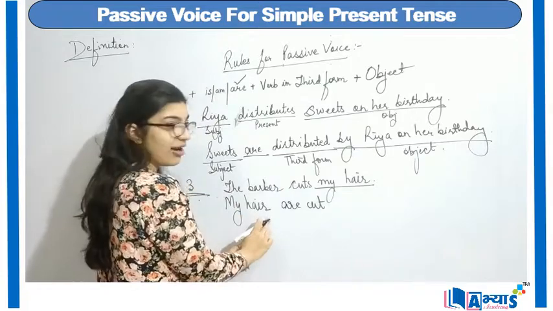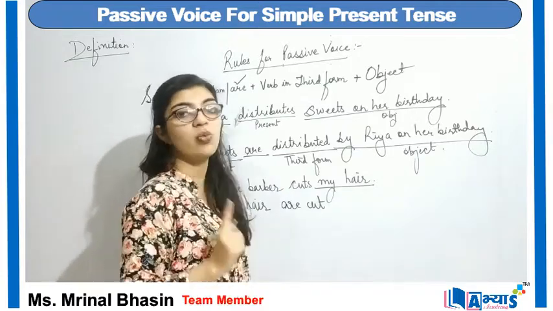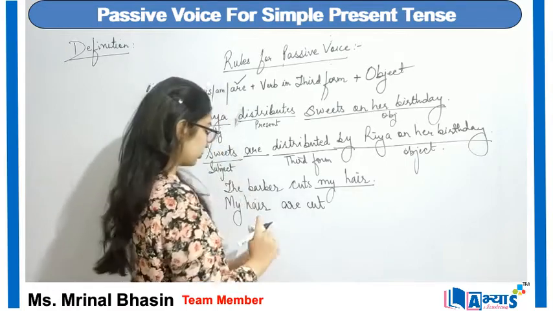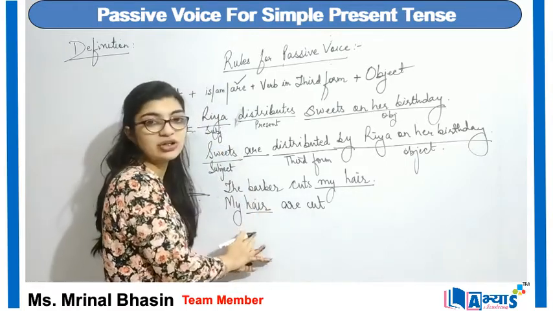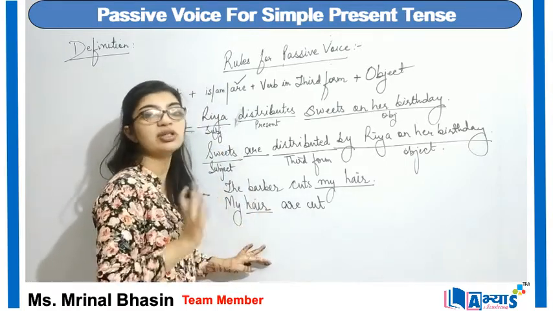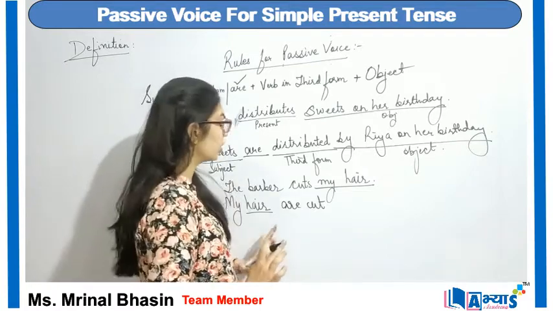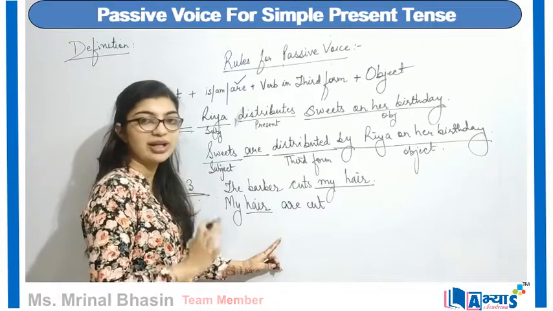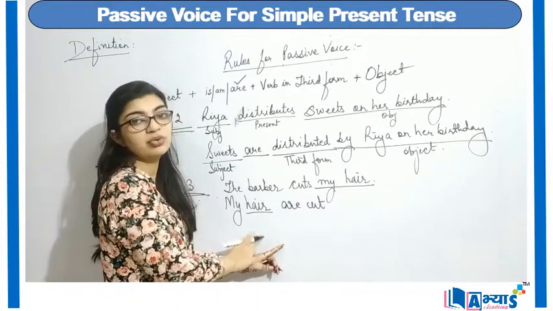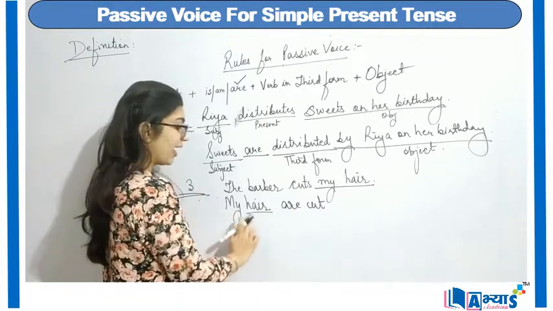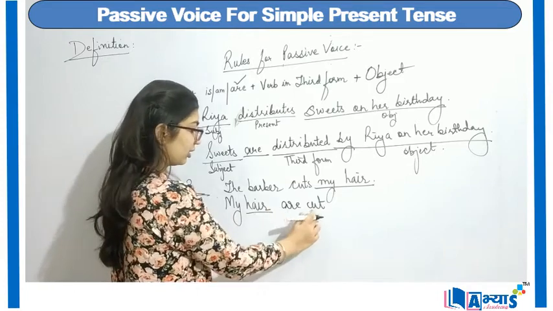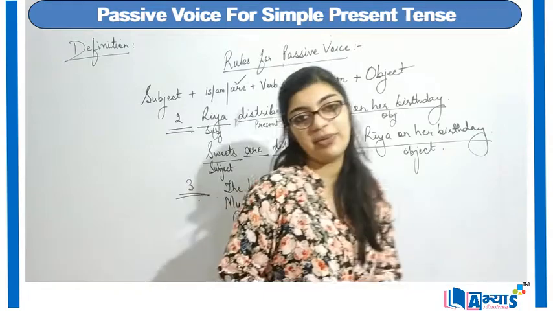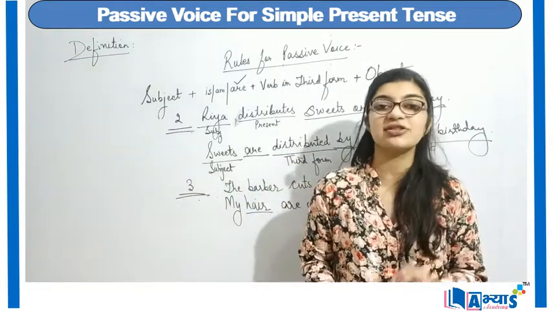Therefore, my hair, there is no word like hairs. A singular noun for hair is also hair. Hair in plural is also hair. We do not use s after hair to make it plural. Singular is also hair, plural is also hair. So my hair are cut. Here again, cut in simple present tense is also cut.